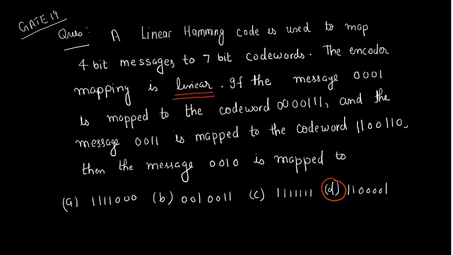So they have asked that we have given that message M1 is mapped to C1, and message M2 is mapped to C2, then what would be the corresponding code word for this message, which we represent by M3?